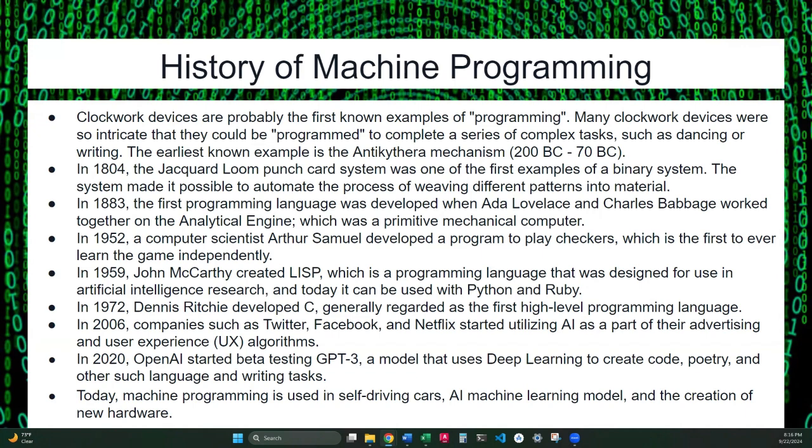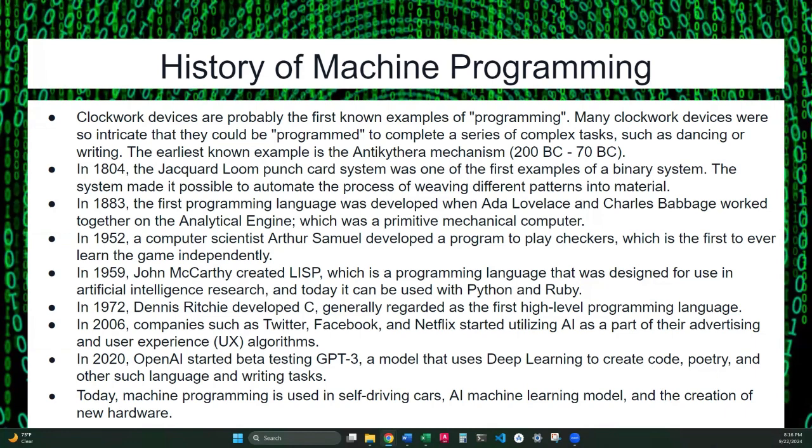In 1972, Dennis Ritchie developed C, generally regarded as the first high-level programming language. In 2006, companies such as Twitter, Facebook, and Netflix started utilizing AI as a part of their advertising and user experience, or UX, algorithms.